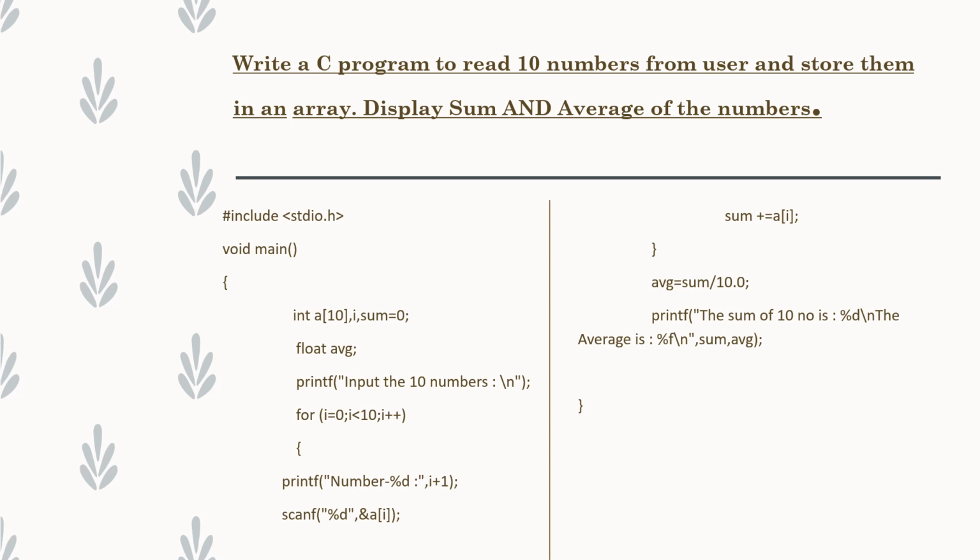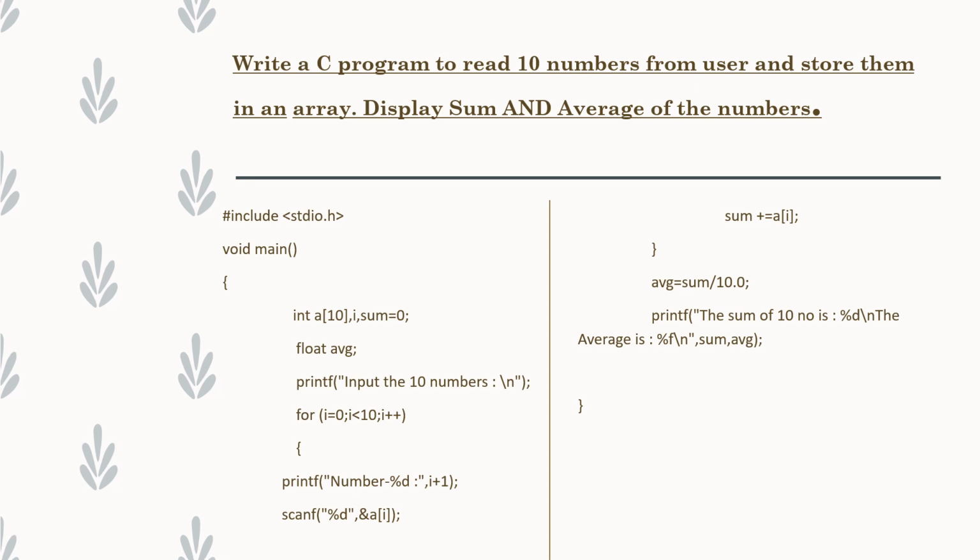Second sentence is about scanning. Whenever you are scanning an array, it is necessary to mention the array name and, in brackets, the index. Here you do not have to mention its size, you have to mention its index. %d is the control string for scanning an integer data type element.